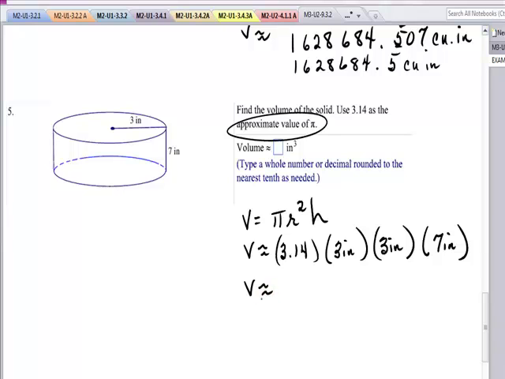So that will be 3.14 times 3 times 3 times 7, which is 197.82 cubic inches, round to the nearest tenth. So that will be 197.8 cubic inches.